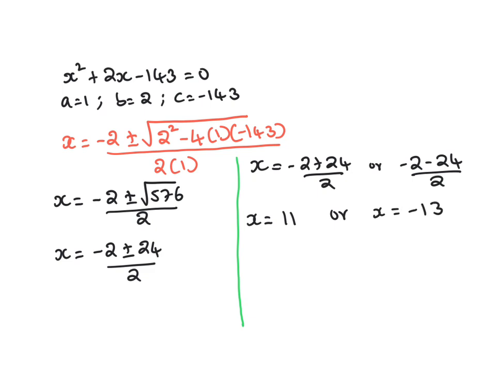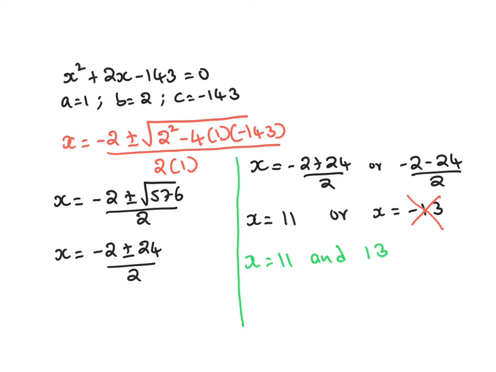But we are dealing with consecutive odd positive integers. So you are dealing with positive integers, so x equal to negative 13 is ruled out. So the first positive integer x is 11, and the second consecutive odd integer is 13.